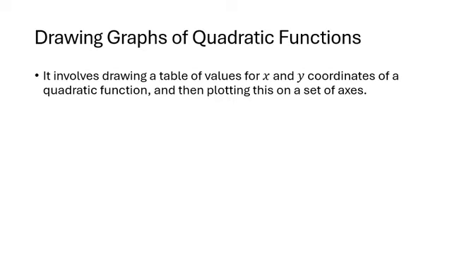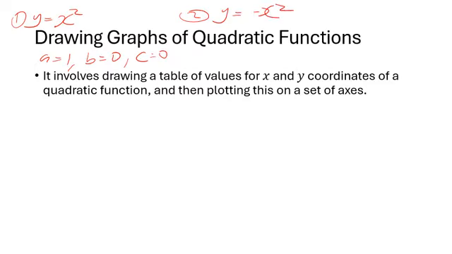Let's assume we have y is equal to x squared. This is a quadratic equation which has a is equal to 1, b is equal to 0, and c is also equal to 0. Another quadratic equation to demonstrate is y is equal to minus x squared. In this one, a is equal to minus 1, b is equal to 0, and c is equal to 0.